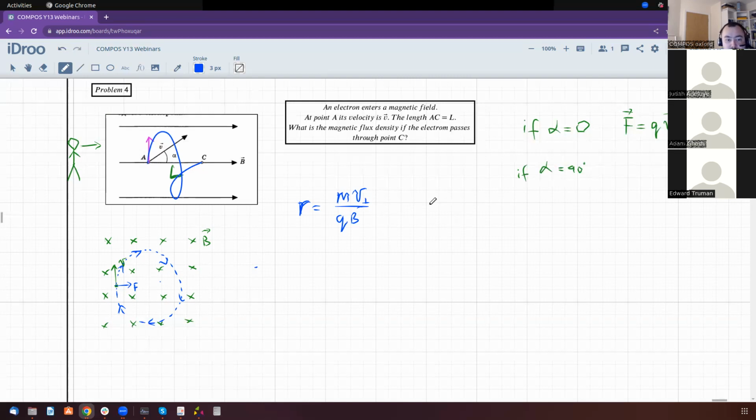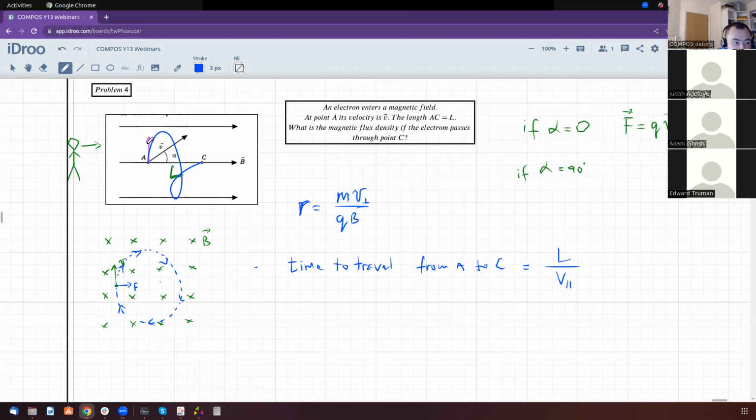Okay. So the time it takes to travel from A to C, you need the distance L divided by the speed parallel.